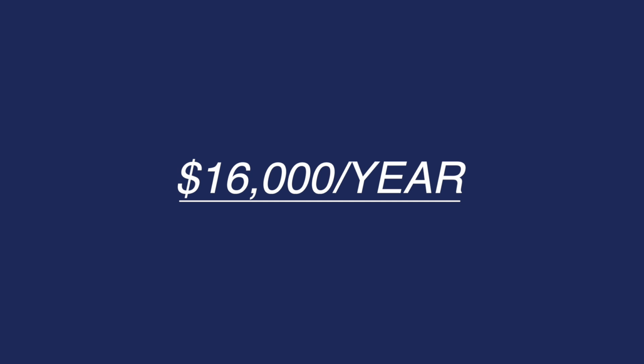And typically, these types of guaranteed minimum income benefit annuities are going to have the same income value as they did growing. So we're just simply going to take that $400,000 times 4%. And that's going to show you in this example that we would know worst case scenario for the rest of your life when you retire, you're going to have $16,000 a year guaranteed to you every year for the rest of your life off of this annuity.